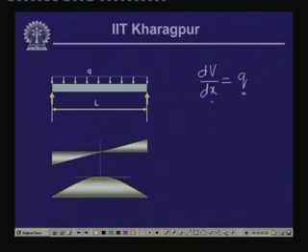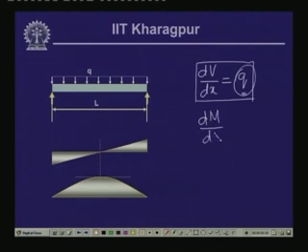We looked into what happens to V if Q equals 0. Subsequently, if we take the differential of the moment, dM/dx is equal to minus V. If the shear force V is equal to 0, then dM/dx equals 0, and over that zone the moment is a constant.